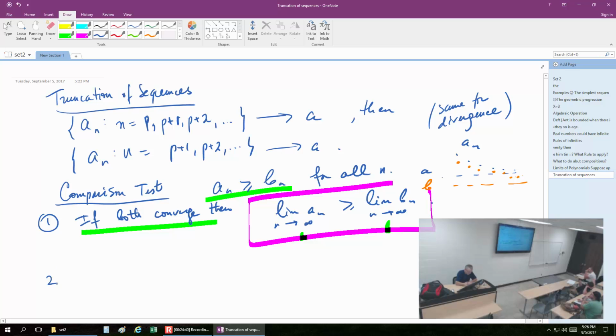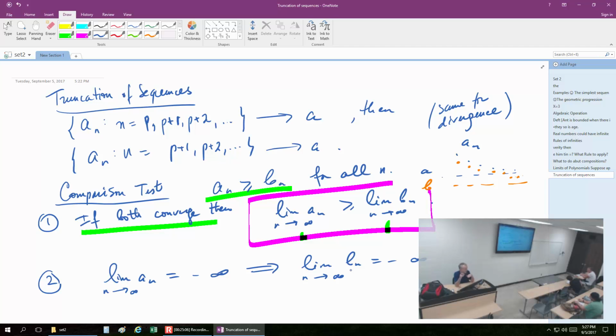Unless we're talking about infinities. So infinities can also be useful. For example, if limit a_n is equal to negative infinity, then so is the limit of b_n. Once again, if one sequence dominates the other in this manner, then there is no way b_n is going to end up anywhere else.